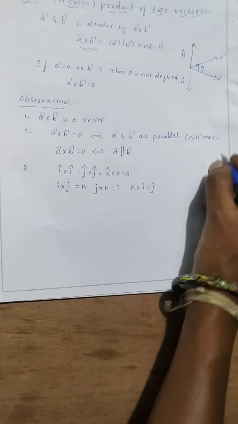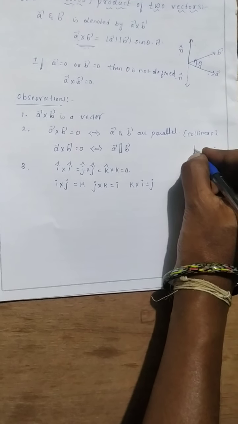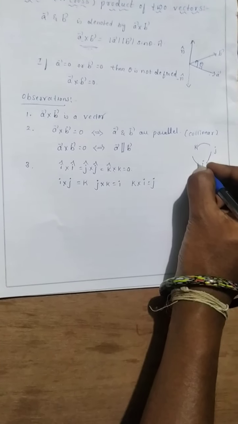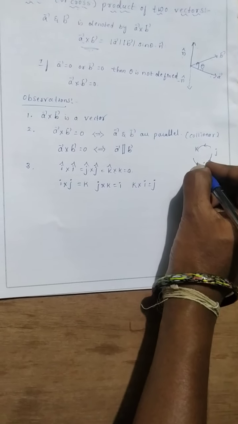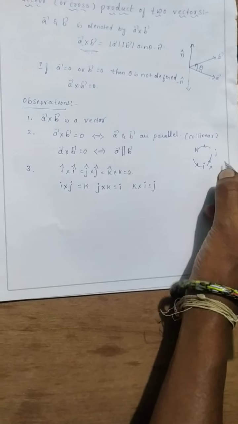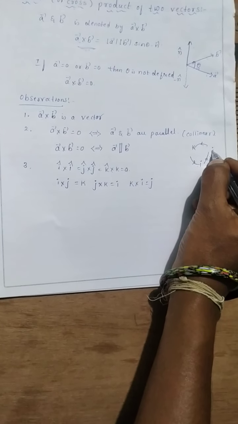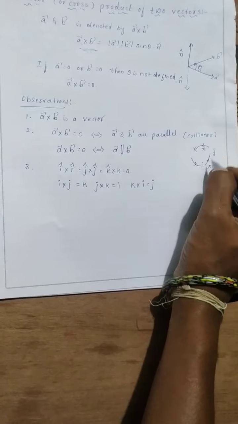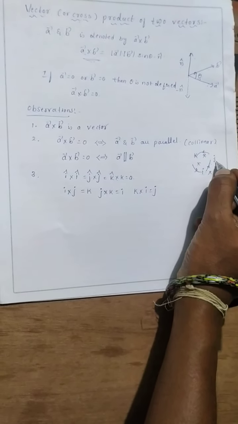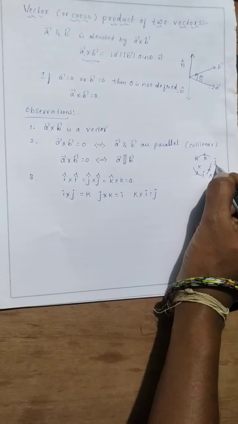So i, j, k: i cross j is equal to k, j cross k is equal to i, then k cross i is equal to j. Is it clear?